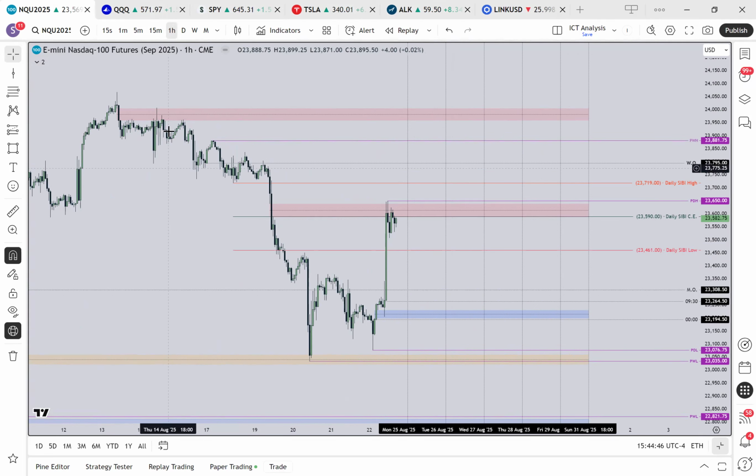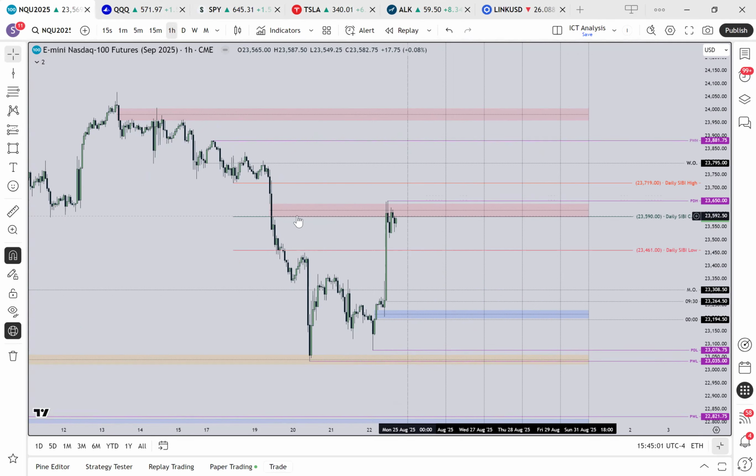So in summary, my narrative is price stays below this inefficiency. I'm looking for a market maker sell model to take out previous Friday low and weekly low, last week's low.